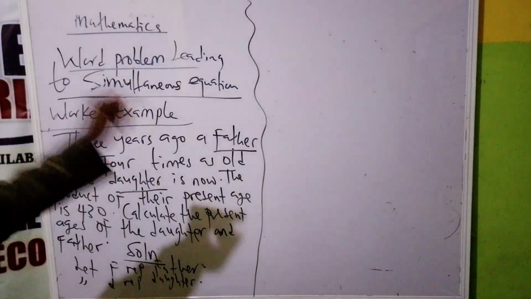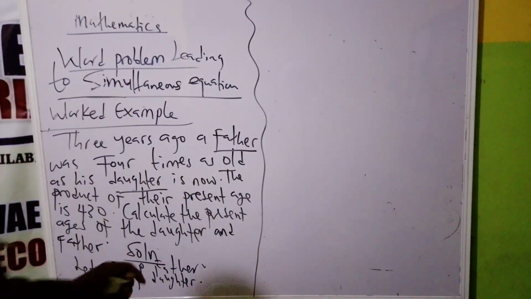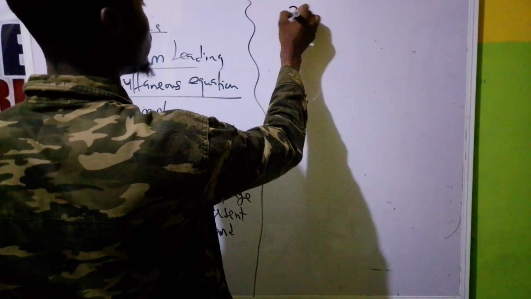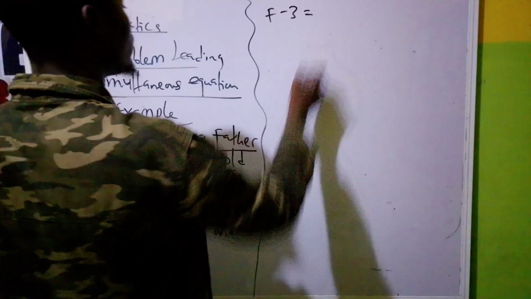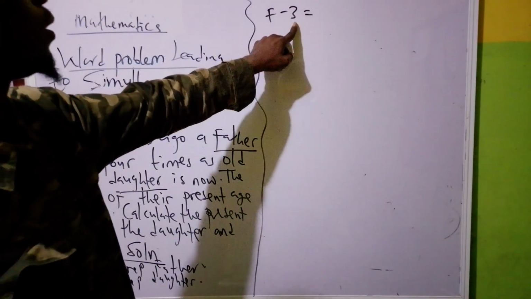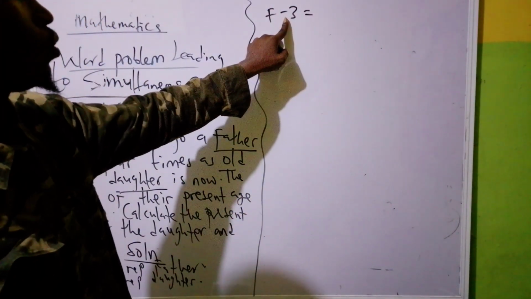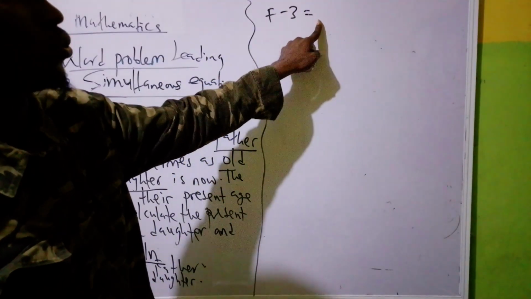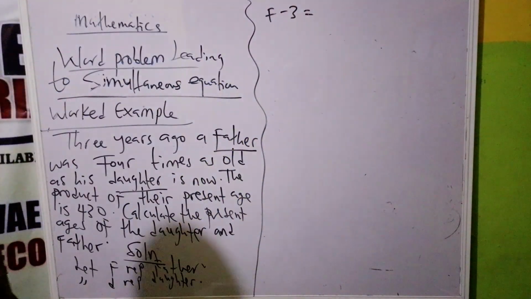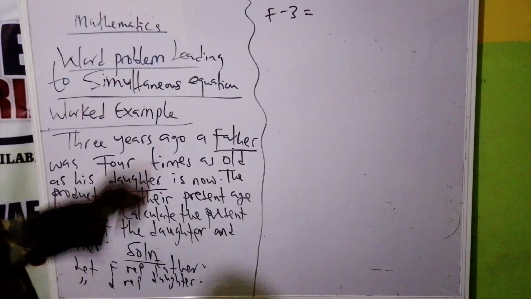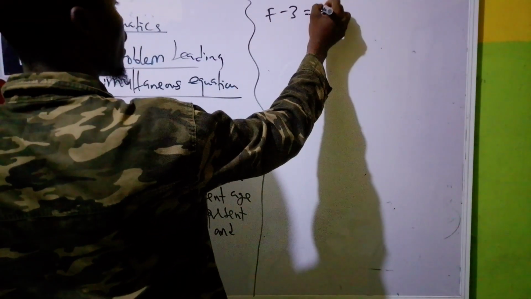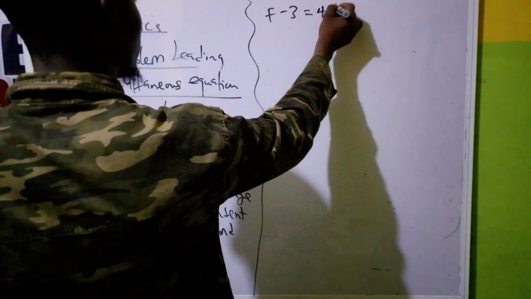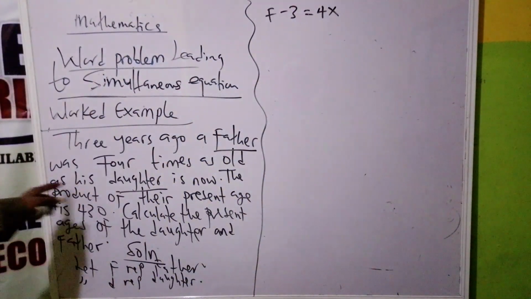Look at what they said here. Three years ago, a father was 4 times as old as his daughter.